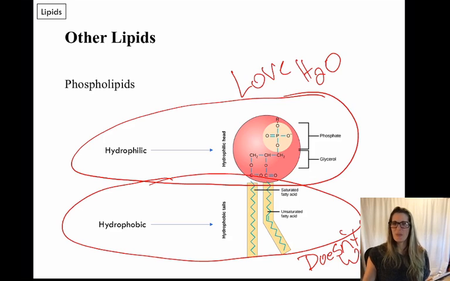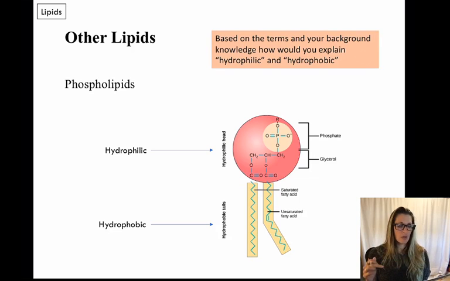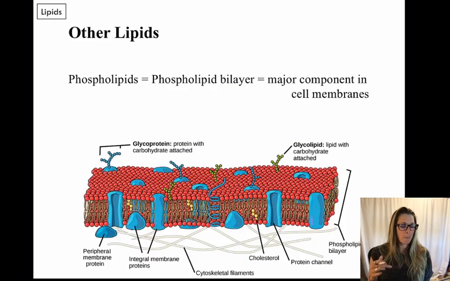How do you have a part that's hydrophilic and a part that's hydrophobic and it's still functional in the body? And we're going to come back to that. We already talked about hydrophobic and hydrophilic in the previous lecture, but now we're going to recall that information.